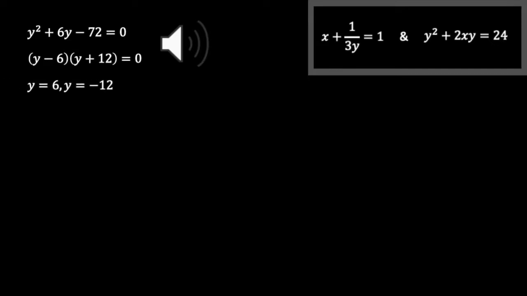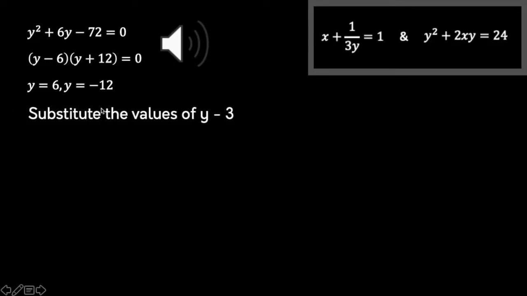From the equation we got, we have to equate it to 0, and then we get y squared plus 6y minus 72 equals 0. After getting this, of course we have to do factorization because we have a, b, and c. It will be y minus 6, y plus 12 equals 0. And that gives us y equals 6 and y equals negative 12.